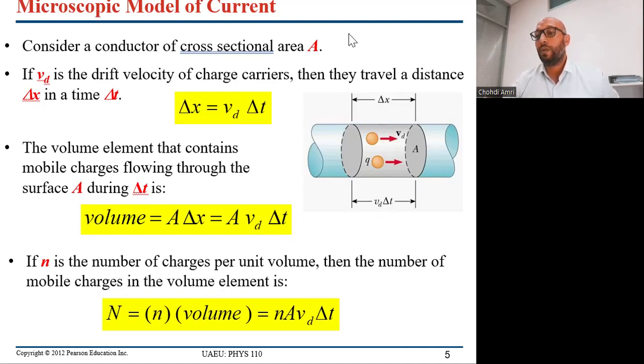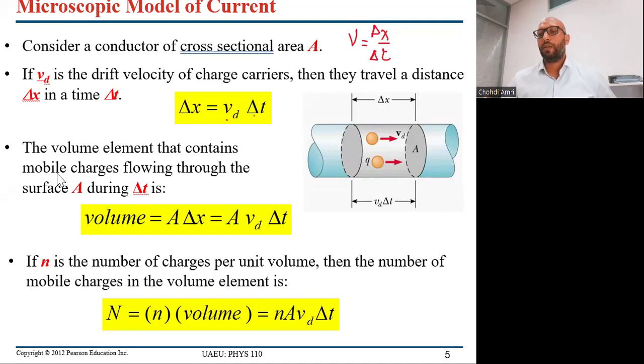As we said, the speed is equal to x over t. So it's delta x over delta t, the average. Okay, so we can say that delta x equals v multiplied by delta t.